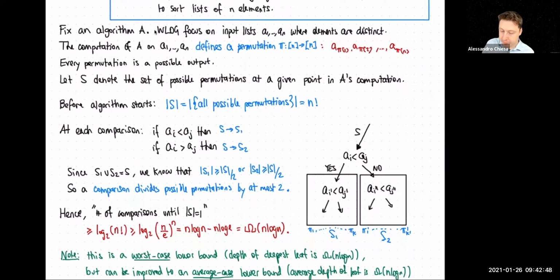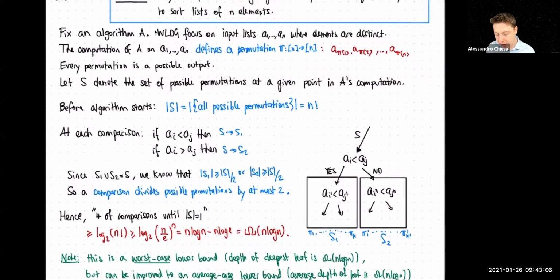Now, this lower bound is just a worst case lower bound. What does it mean? It means that we have shown that there must be at least 1 leaf in this tree of comparisons that is at depth big omega of n log n. In fact, a more sophisticated argument can prove that on average, the average depth of a leaf in this tree is also omega n log n.